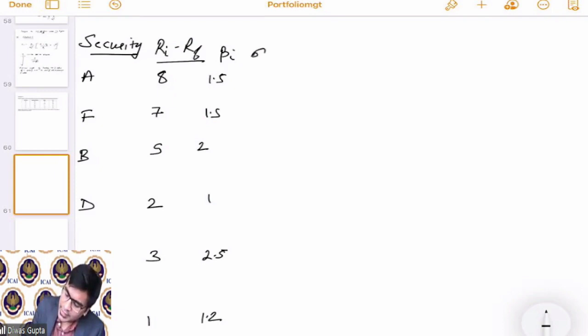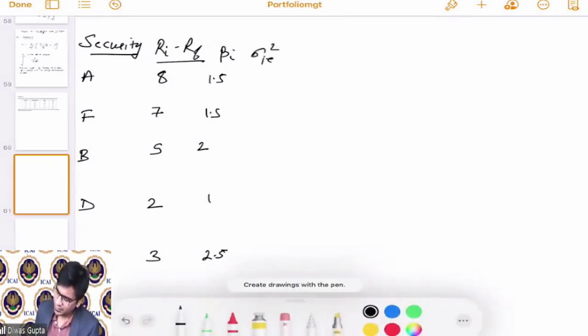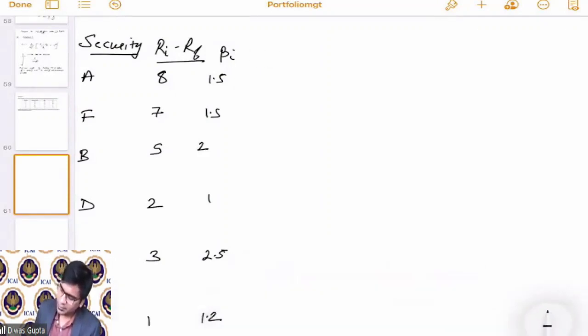Residual variance is also given to us, again in the question itself. We will copy it in the right sequence.